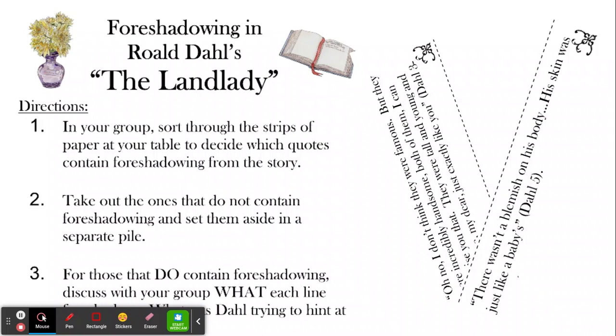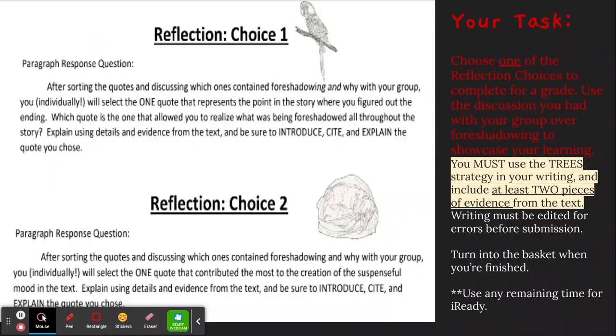This discussion, after this activity, is going to lead us into some reflection options. At the very end of the group time today, each of you will individually pick a reflection choice. You're going to have two choices, and these reflections are based off the conversation that you and your group had today with those foreshadowing strips. The stronger the discussion and the more you participate, the easier these written reflection choices will be.